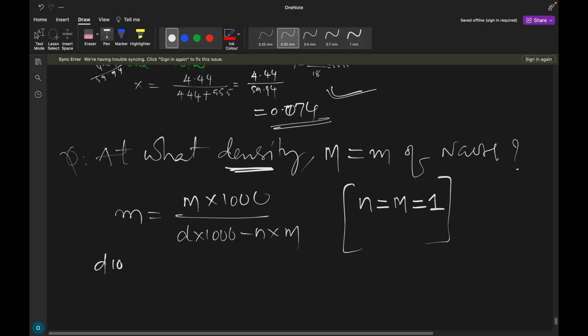So density into 1000 minus n into M, molar mass, equals 1000.